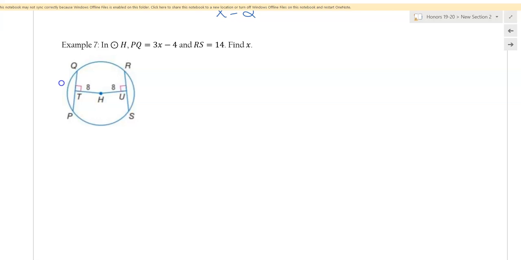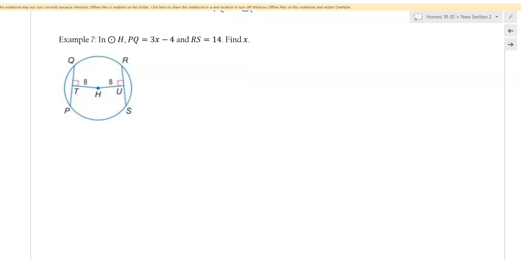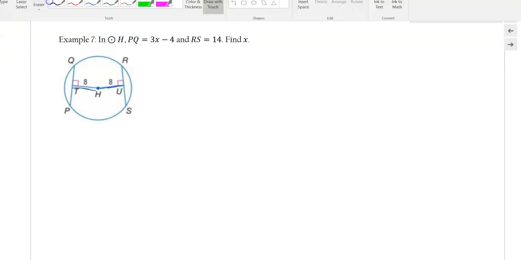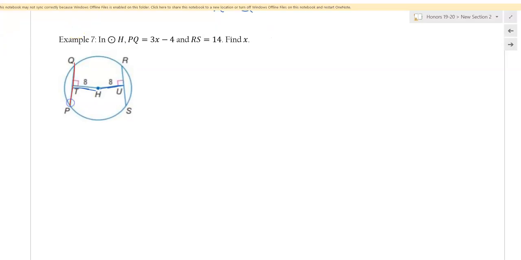Alright, looking at our last example, number 7. In circle H, PQ equals 3x minus 4, and RS equals 14. Find x. Okay, so this one tells us this part's the same, and therefore these are going to be the same. So since PQ equals RS, this is 3x minus 4.